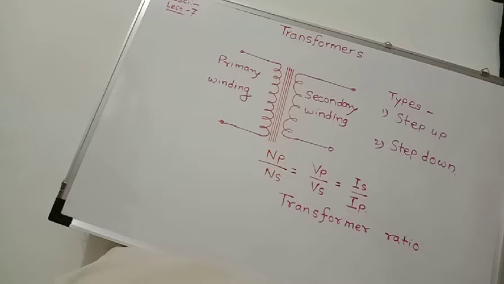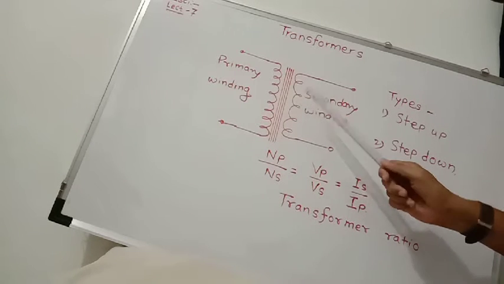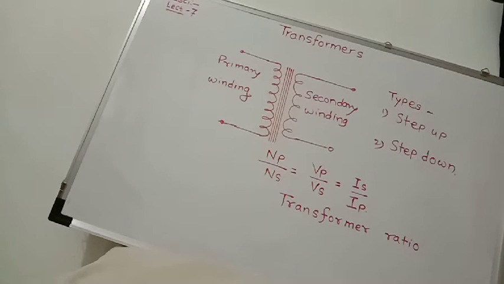This is Faraday's law of electromagnetic induction. Or, in another definition, the induced voltage is directly proportional to the rate of change of magnetic flux, that is E is equal to d phi by dt. Whenever there is a change in magnetic flux, an induced EMF is generated.